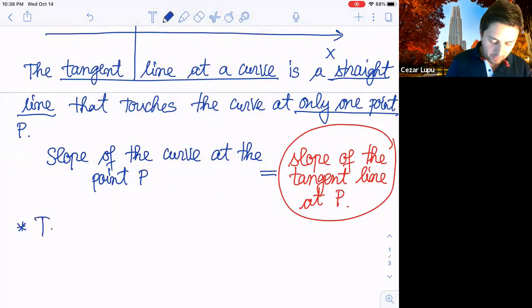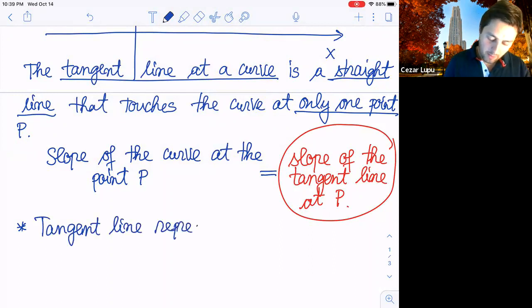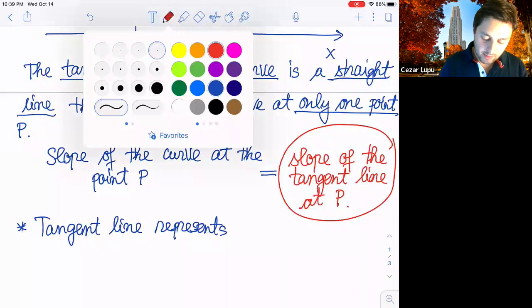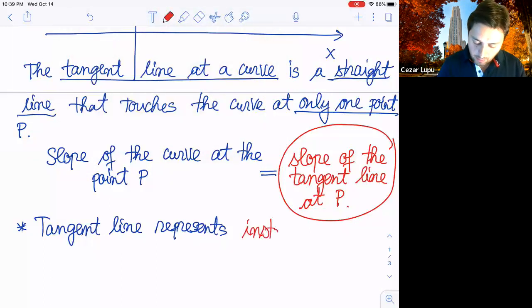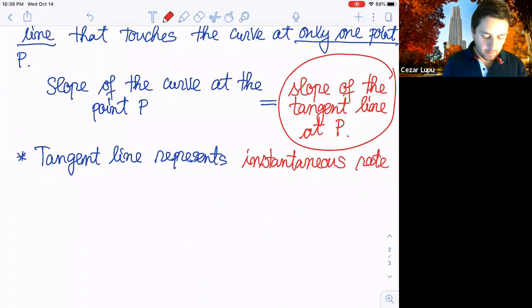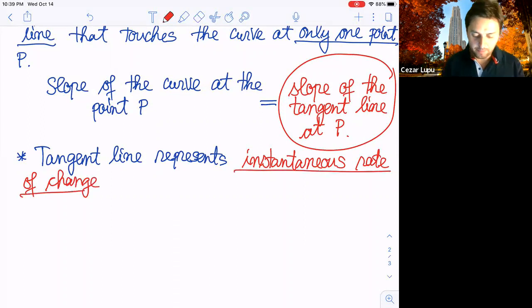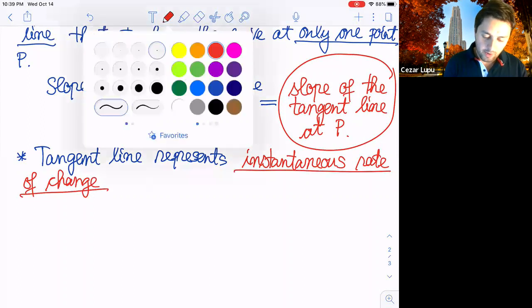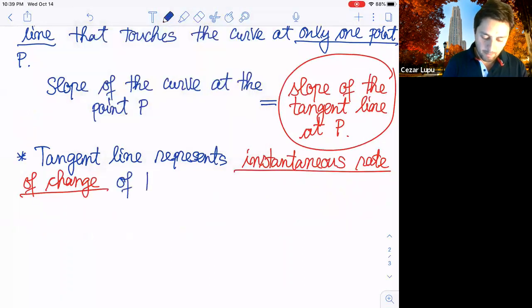And now I would like to point out one more small remark, that the tangent line represents the instantaneous rate of change. So this would represent the instantaneous rate of change of the function at one point.